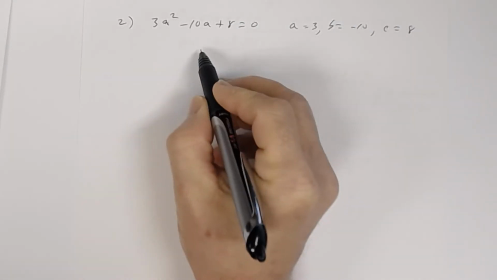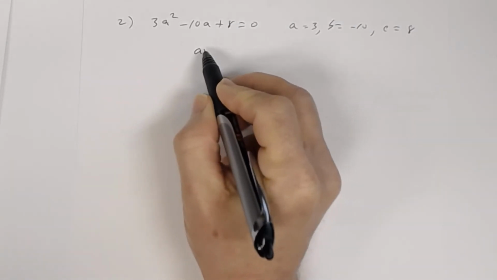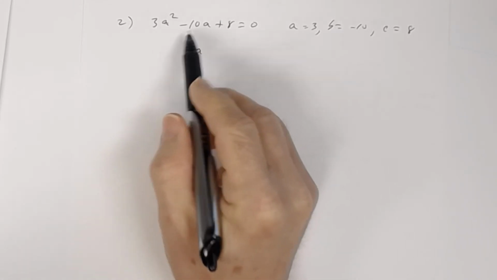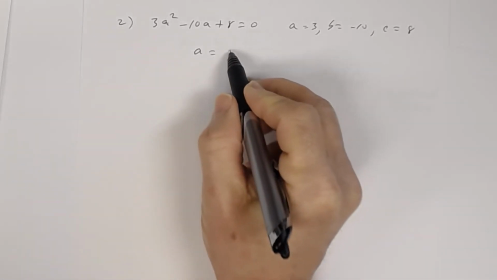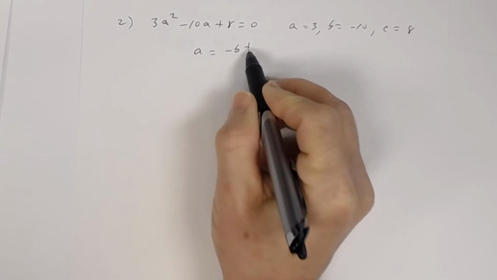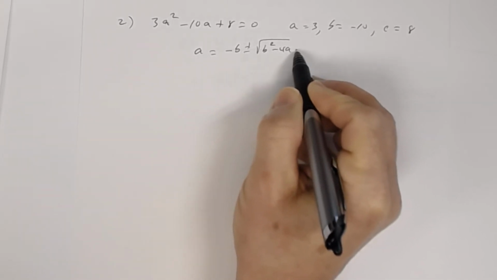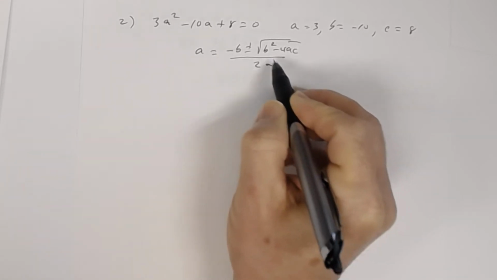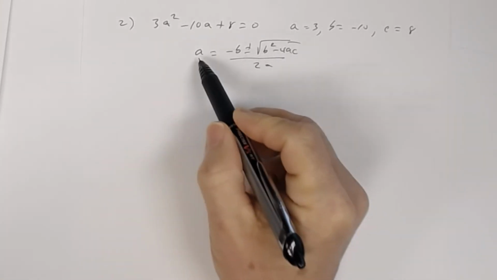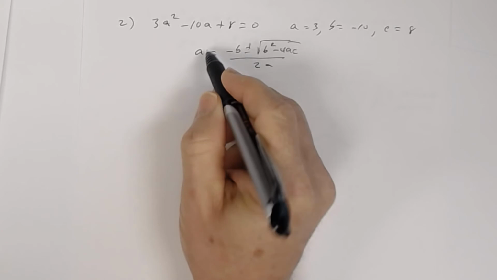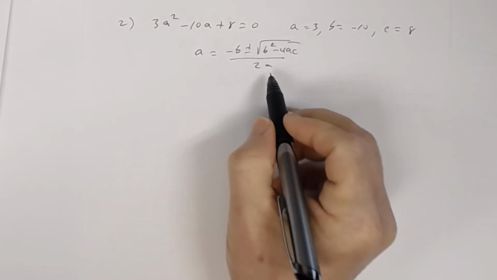All right. And so in your formula, your variable is a, so you must say a. So a equals negative b plus or minus the square root of b squared minus 4ac all divided by 2a. Now, don't get this a confused with this a. So be careful.